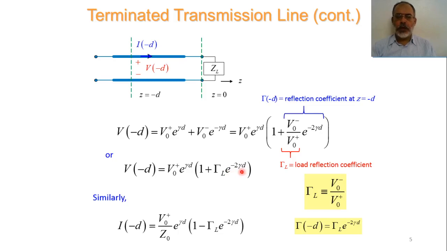In a similar way, we can say that the current at z equal minus d would be v naught plus over z naught multiplied by e to the power gamma d, which is the forward propagating current, multiplied by 1 minus gamma load multiplied by e to the power minus 2 gamma d.